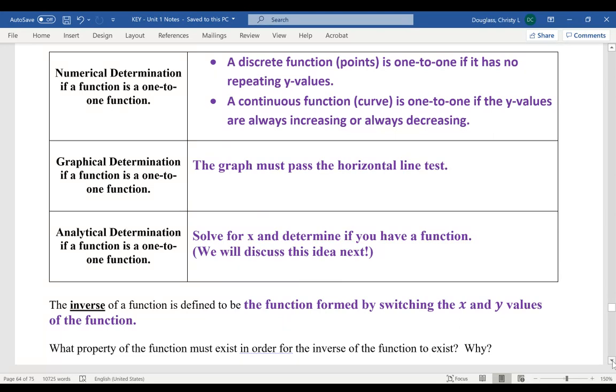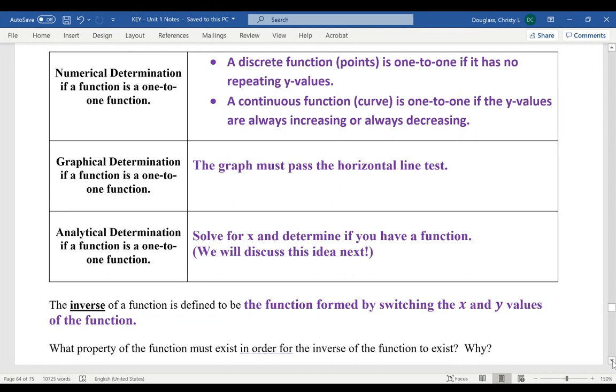This causes us to introduce really the point of one-to-one functions, and that is to determine what we call the inverse of a function. The inverse of a function is defined to be the function formed by switching the x and y values of the function.